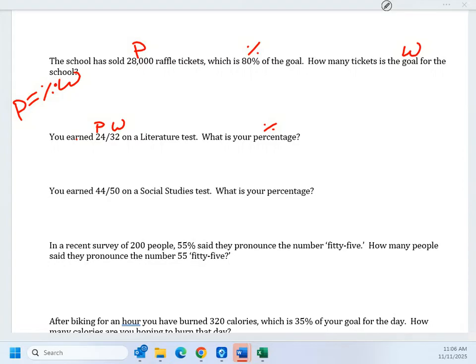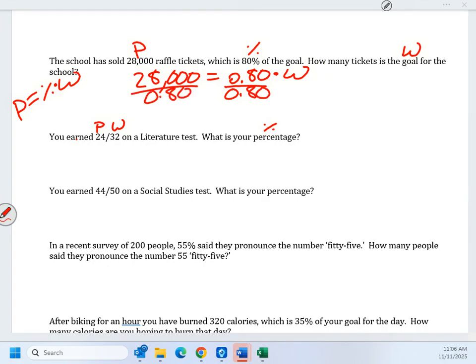So if we fill this in, 28,000 equals 0.80 times our whole. I need to get my whole by itself, so I'm going to divide. So this is the work that I'm writing on my paper. Write it out so I know what you divided.